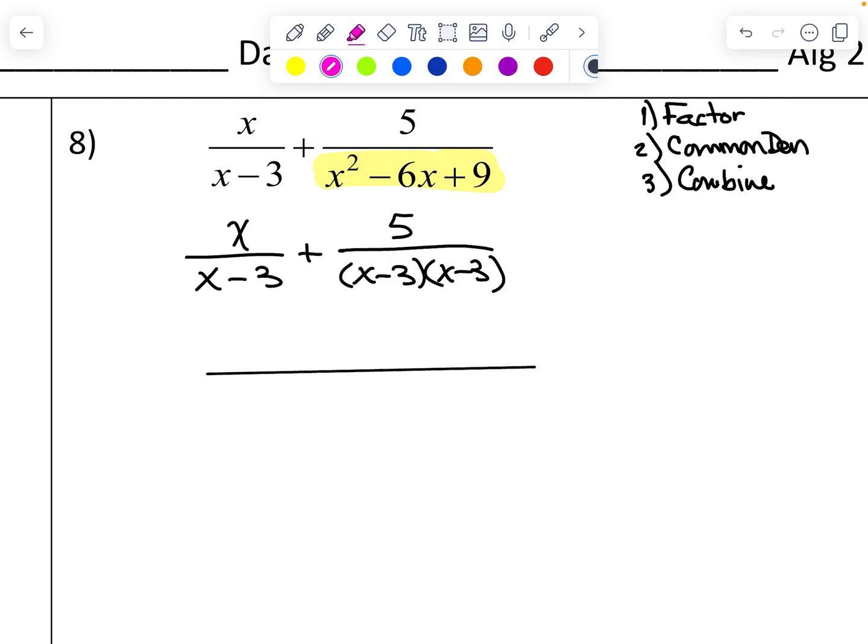The common denominator has to be this entire denominator. So the common denominator is x minus 3 times x minus 3. Then the question becomes, what does this need to become that? And what it needs is an x minus 3.